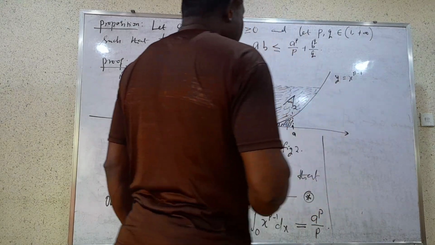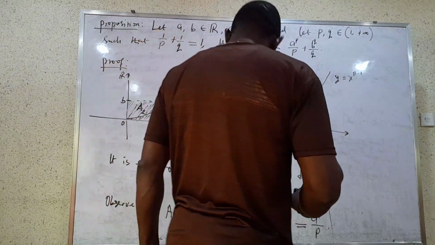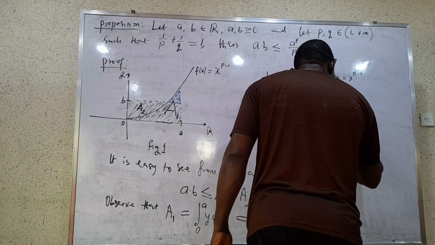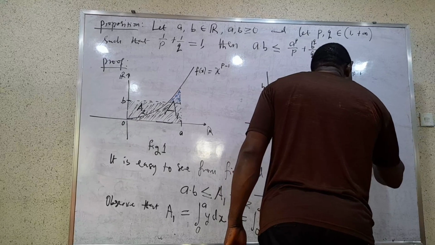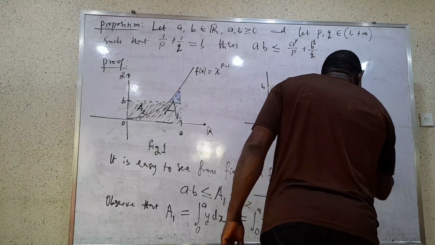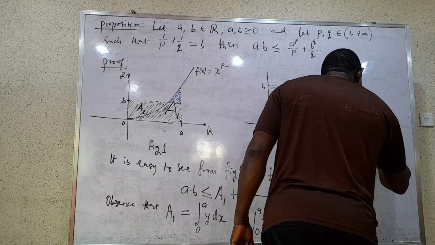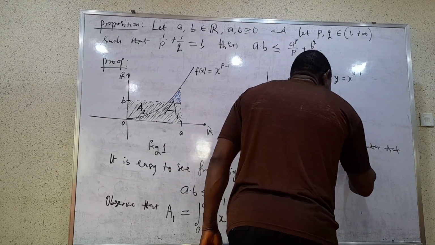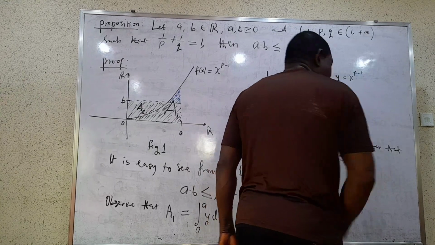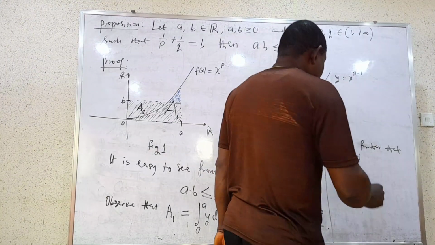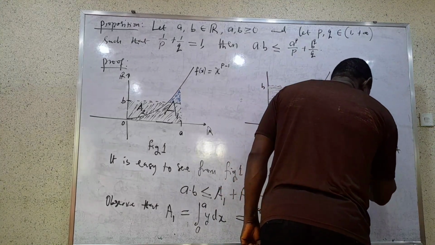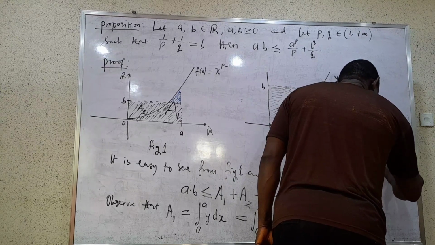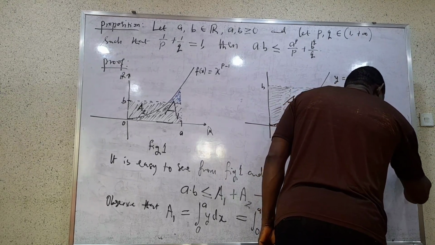And let me do something here. Observe also, okay, observe further that y equals x raised to power p minus 1 is even equivalent to what? x or y raised to power q minus 1 equals x.